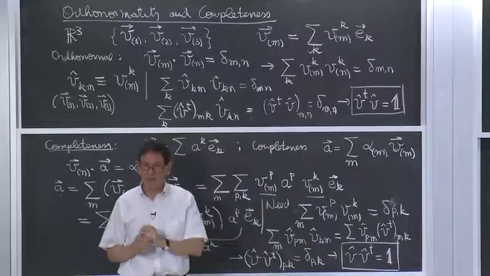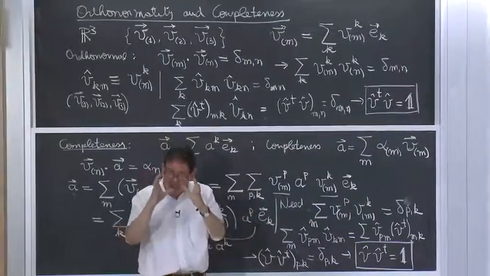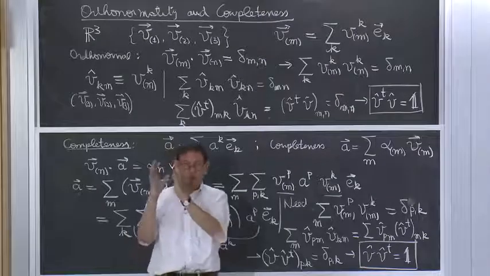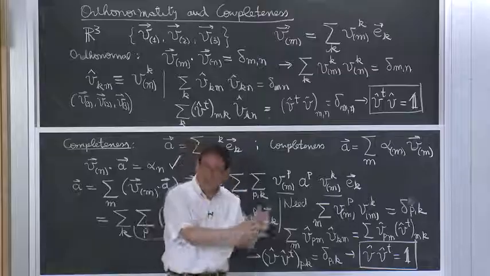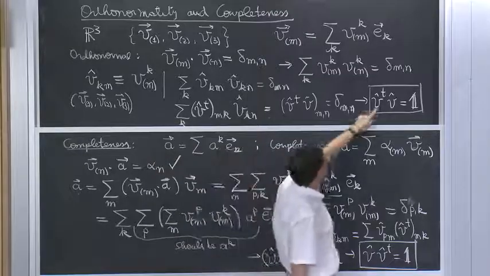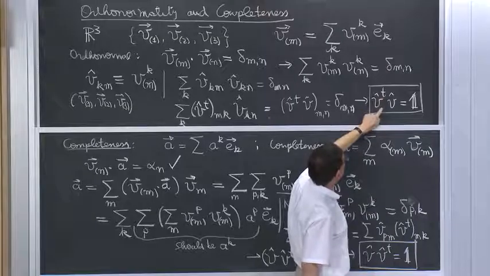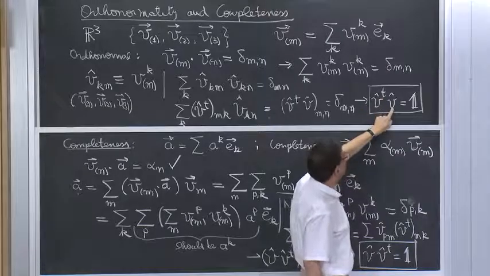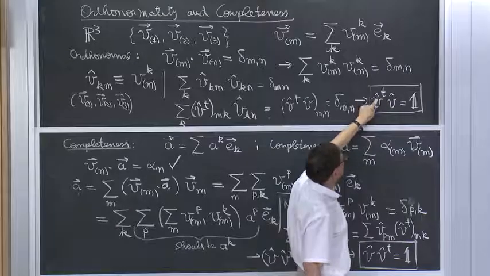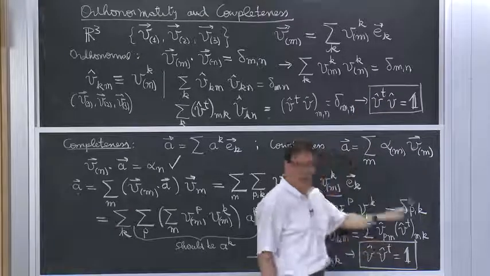You probably have learned that for finite dimensional matrices, if you have an inverse, it's an inverse from the left and from the right, both at the same time. So here it says that the transpose matrix is the inverse of the original matrix v hat. Therefore, both from the left and from the right, it should give you 1.